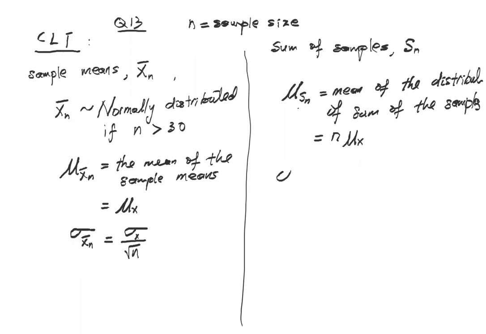The standard deviation of the sum of the samples will be equal to square root of n times the standard deviation of the population. So these are the two main formulas that you have to remember when you apply central limit theorem. Are you okay? So this will be under question 13.